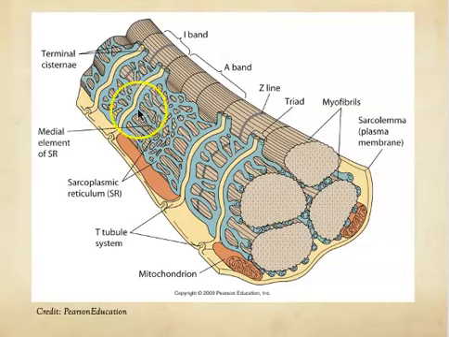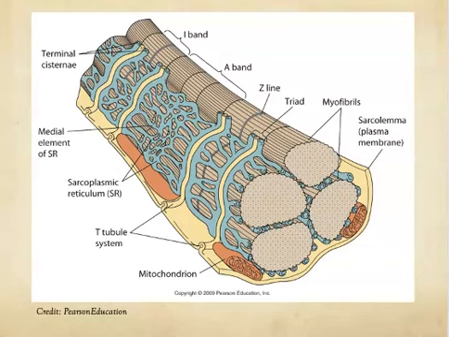Remember, the sarcoplasmic reticulum stores calcium and releases it when it's stimulated to do so. So all of that calcium will be pumped back into the sarcoplasmic reticulum, and it will be held there until it's time for muscle contraction to occur again.